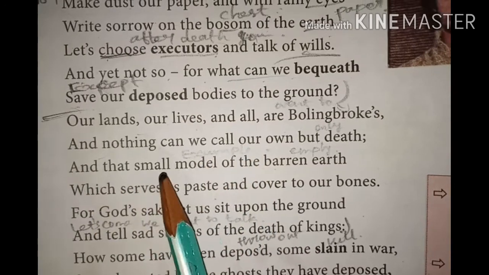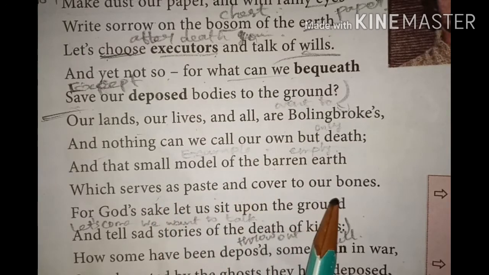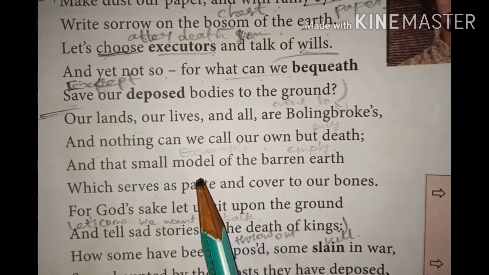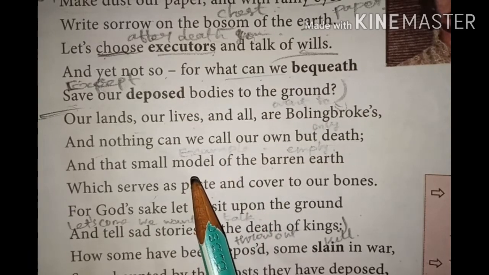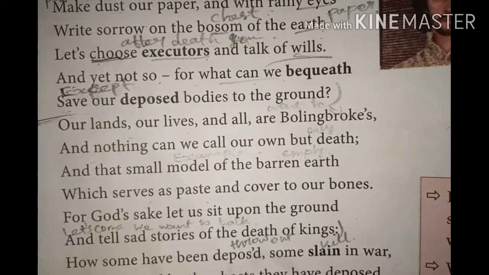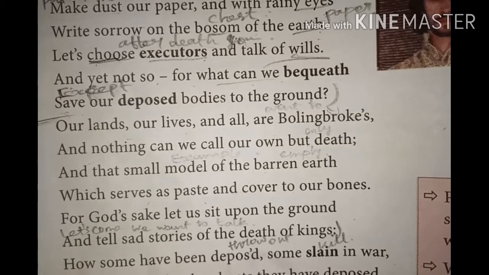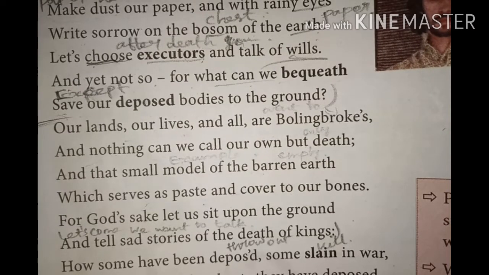And "that small model of the barren earth which serves as paste and cover to our bones." The small model refers to an example. We have a small example of the barren earth. We have only that barren earth. Barren earth refers to useless earth, empty earth, waste earth. It's the 6 feet in which this human body is going to be buried in the land.